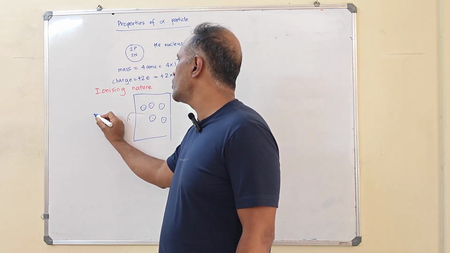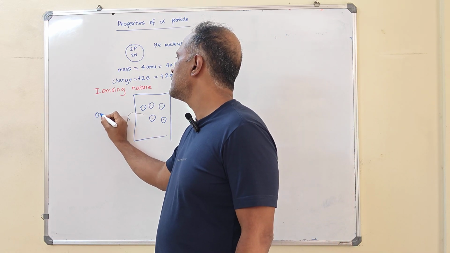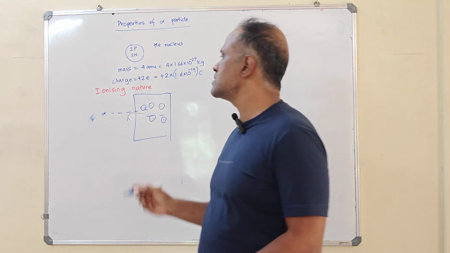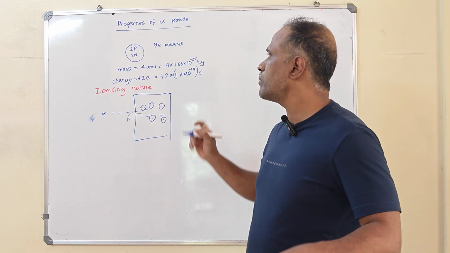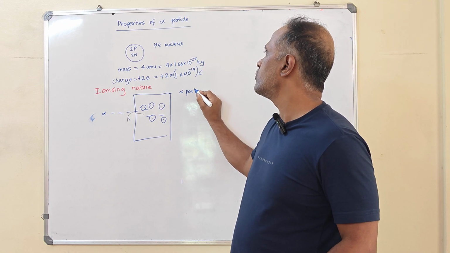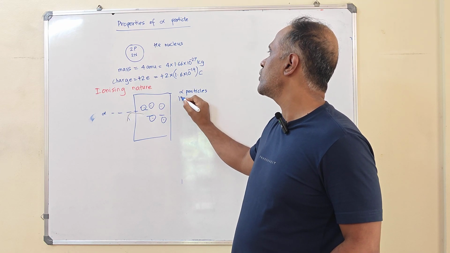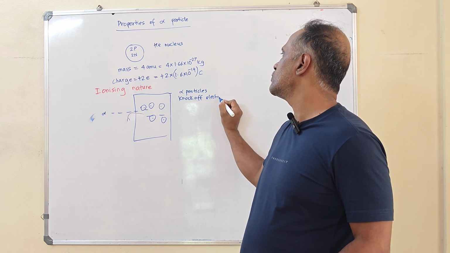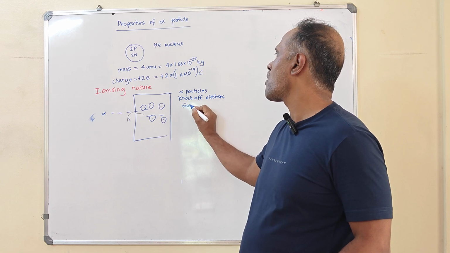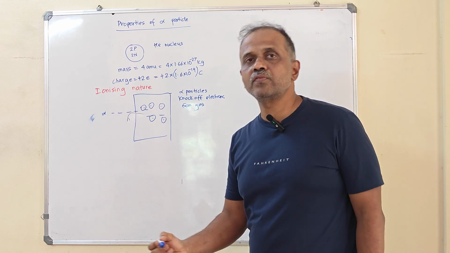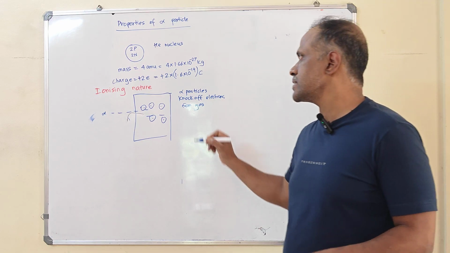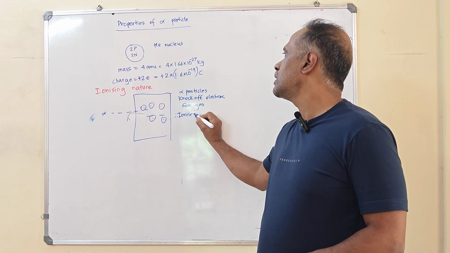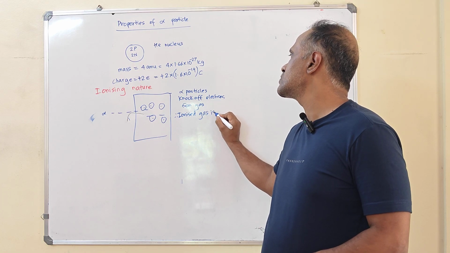Now if you fire alpha particles across this gas, what will happen? The alpha particles will knock off electrons from the gas. Once they knock off the electrons, we get ionized gas.